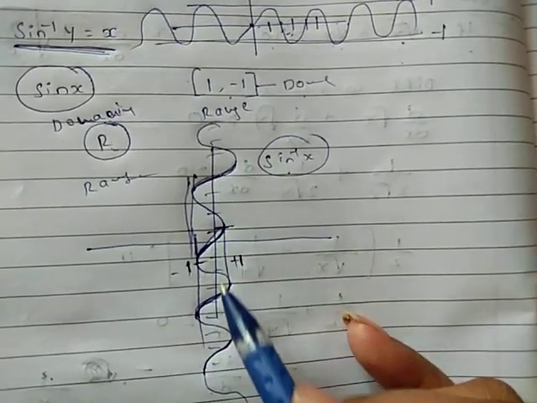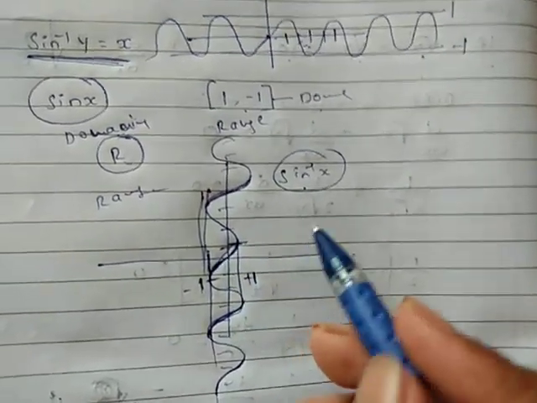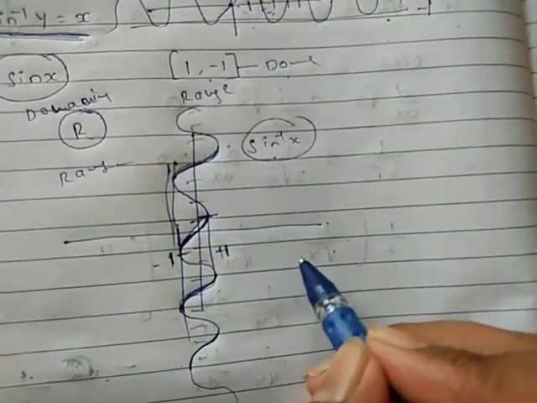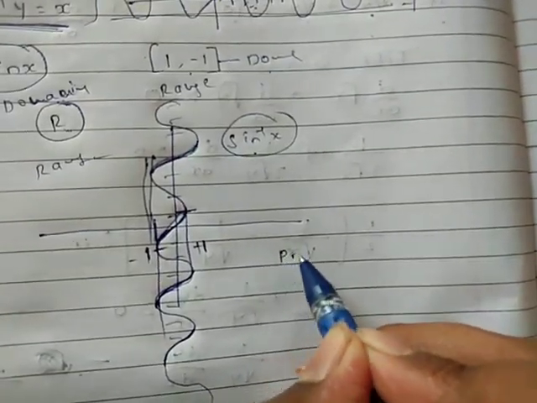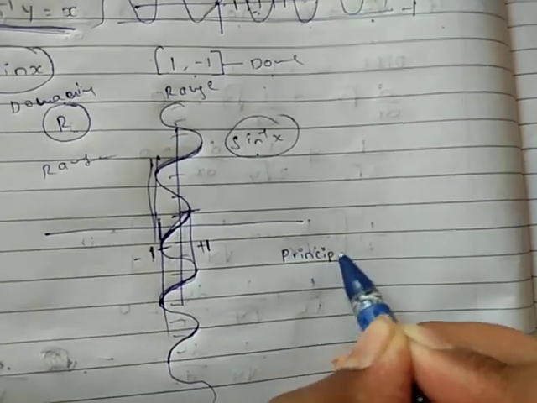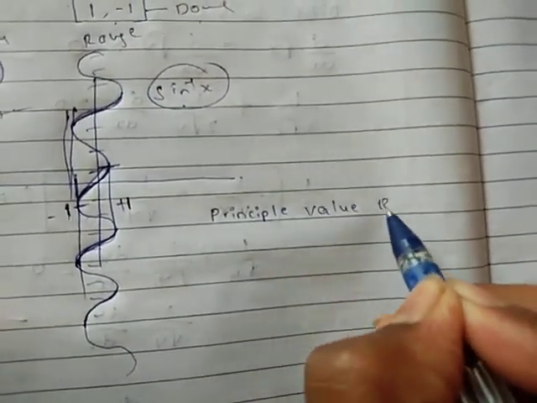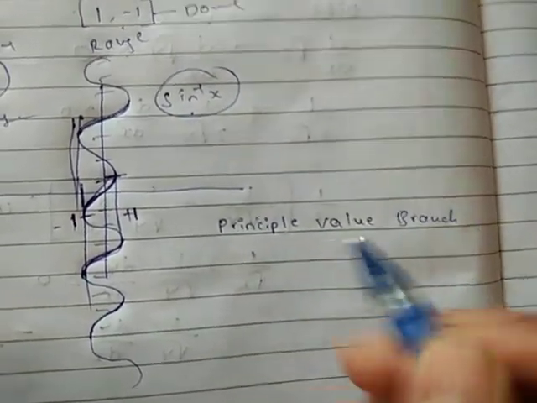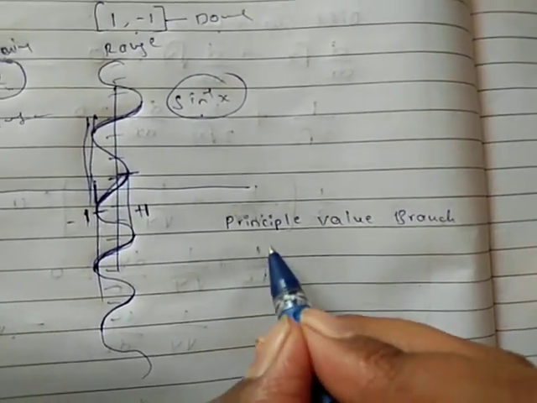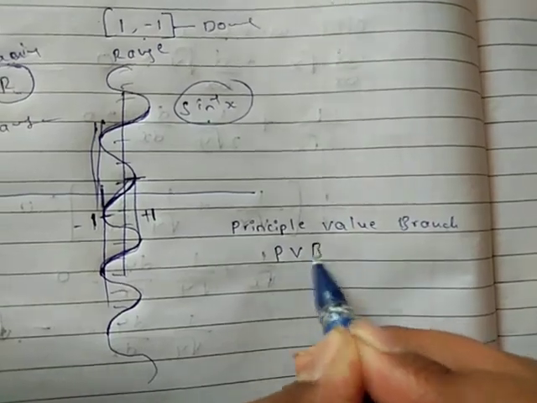Are you getting the point? So we are going to restrict the range here. The restriction of the range is called the principal value branch. Principal value branch is nothing but PVB.